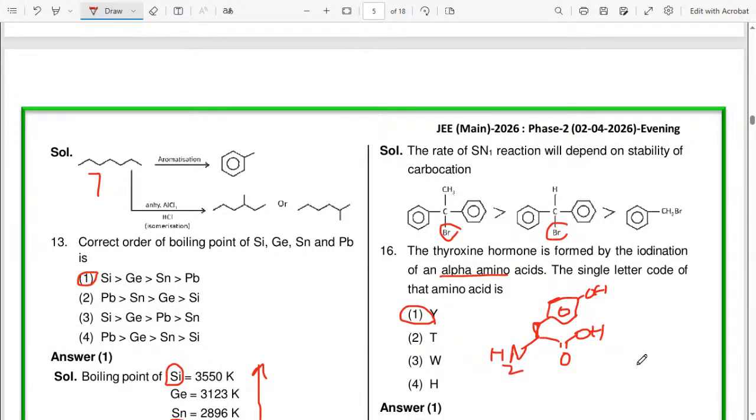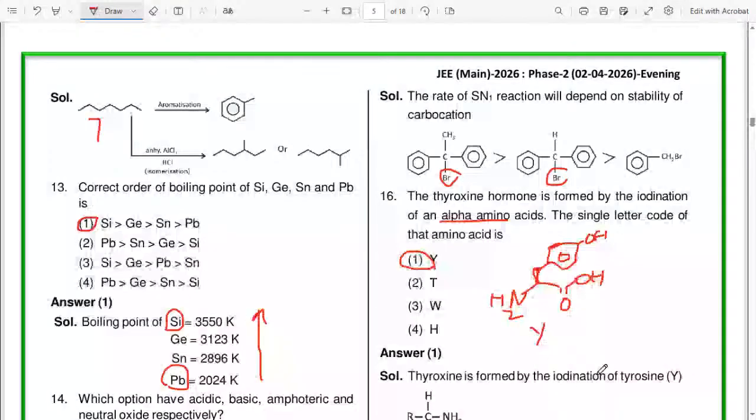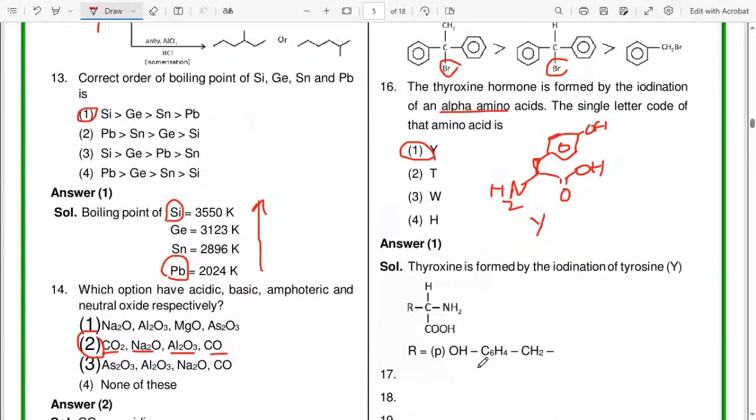So it should be written, the alphabet for tyrosine is Y, right? So the tyrosine is here.